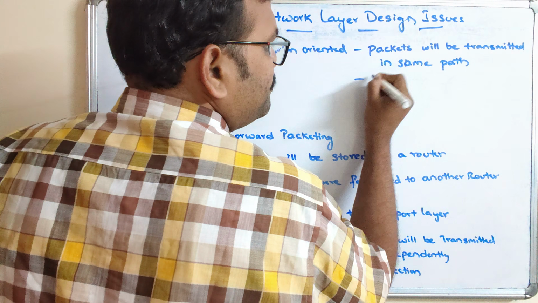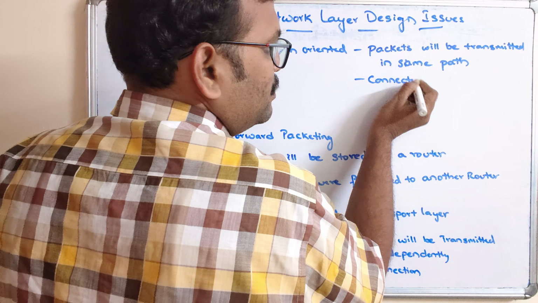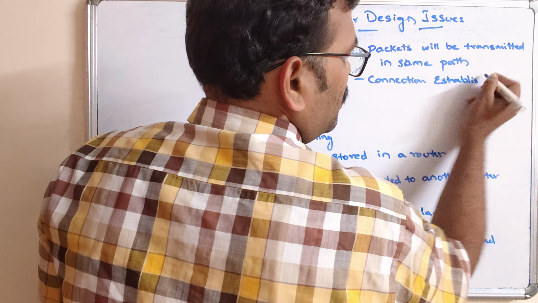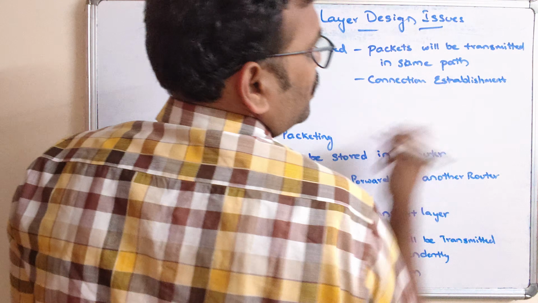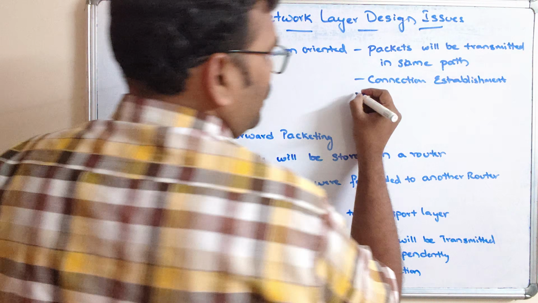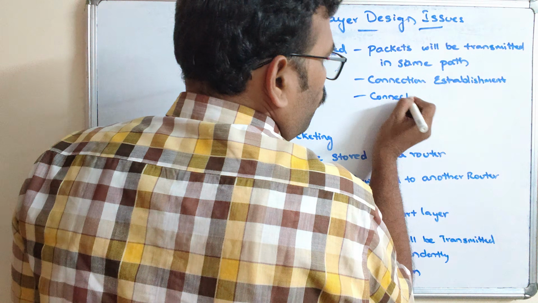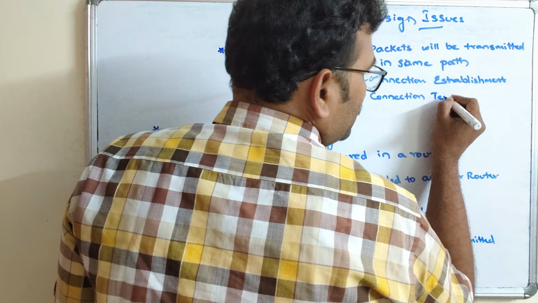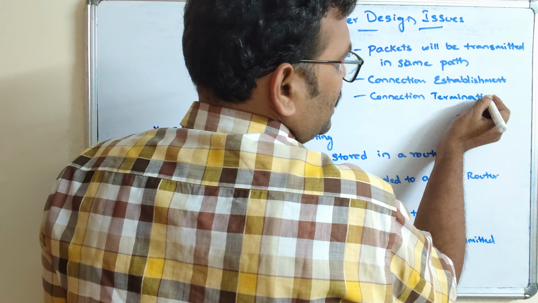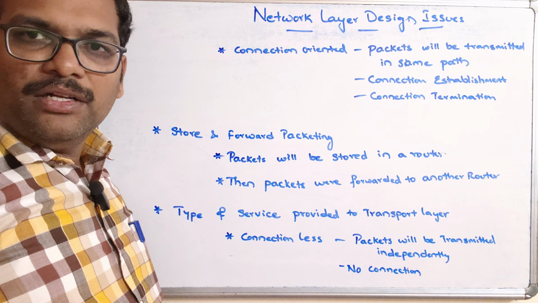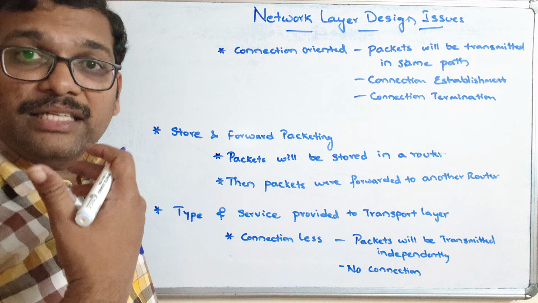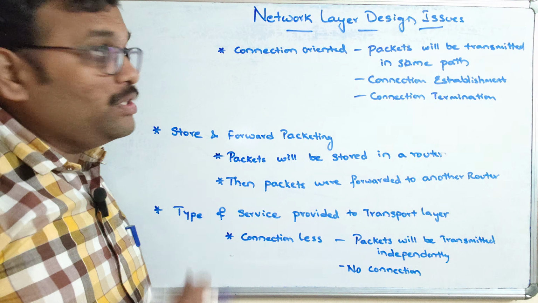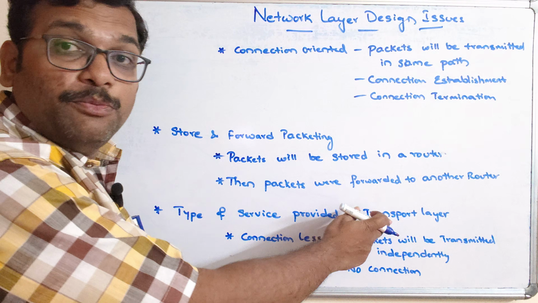Also connection establishment will be there as well as connection termination. Once the packets have been transmitted, immediately connection termination will also be there. So as it is connection oriented, the connection is established and all the packets will be transmitted in the same path. So these are the two services provided to the transport layer.